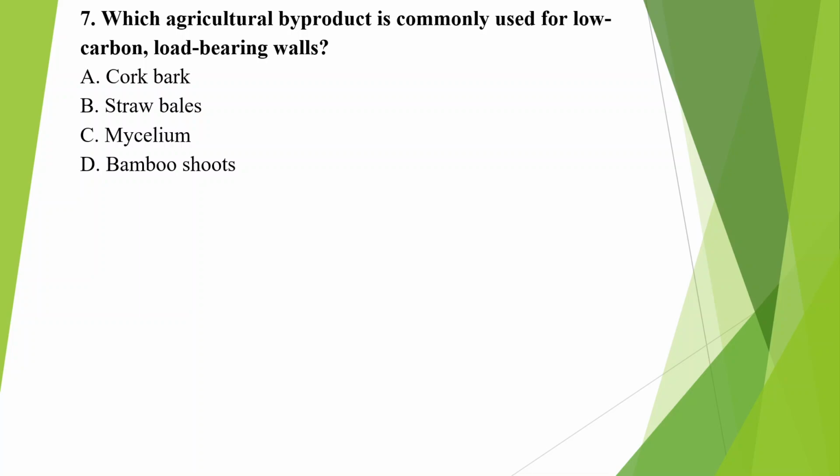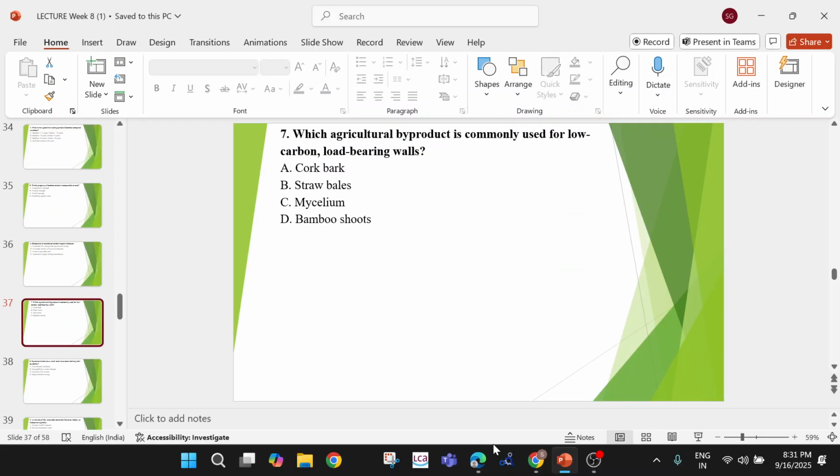That's why option C gets discarded and only option B is the correct answer for question number 7. Is it clear to all of you? Chandrika was correct. So can we move to the next question if it is clear?